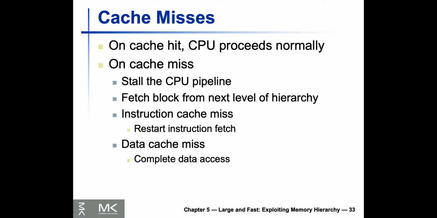Now, cache misses. As I implicitly mentioned throughout the lecture tonight, on cache hits, everything is normal, right? We were trying to reference a memory address and we found it in the cache. It hit and we have the data right away. Everything proceeds as normal. But in the case of a miss, what happens in the data path is that we need to stall the CPU pipeline, because remember, your first level cache, which is the highest speed, matches your pipeline, okay?